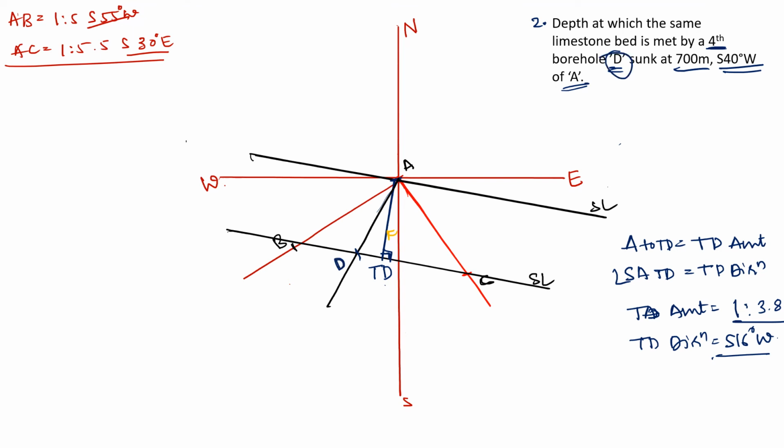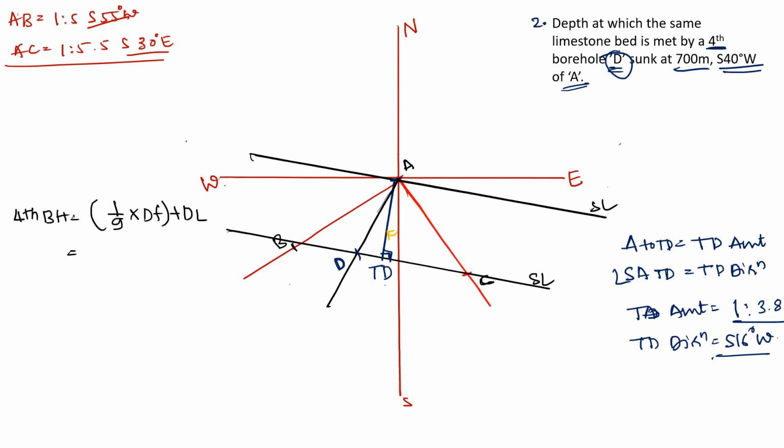Now we already know the formula: the depth at the fourth borehole is equal to 1 by G into (df plus dl). How to calculate this?